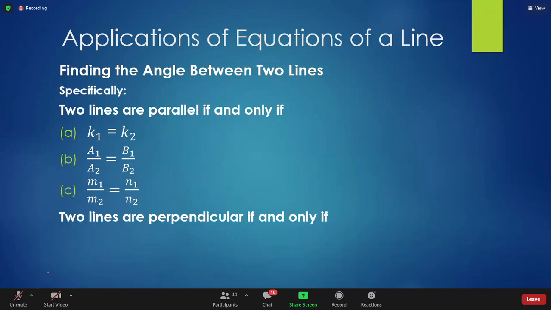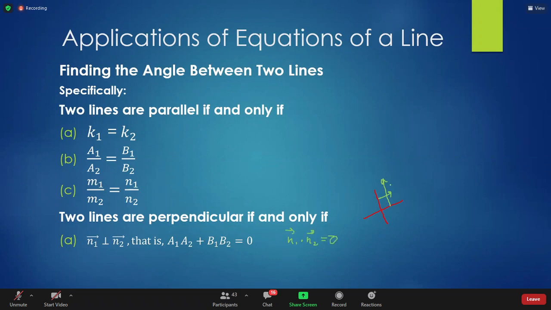If two lines are perpendicular, then their corresponding normal vectors should also be perpendicular. And that is, of course, the dot product equals 0. That is, normal vector number 1 times normal vector number 2 must be equal to 0 in this case.